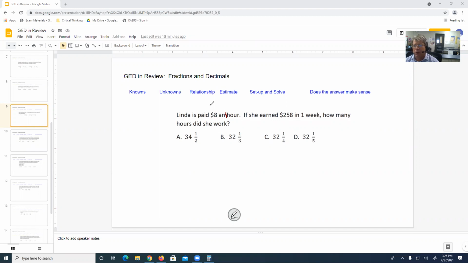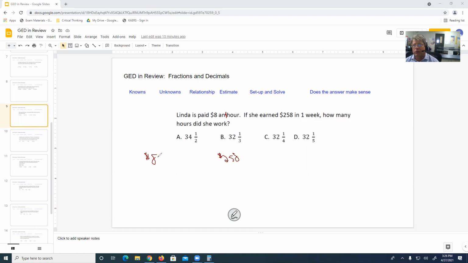So basically, we know that the knowns are $8 an hour, and we end up with this $258 altogether. And what I pick up on is we don't know the number of hours she worked.